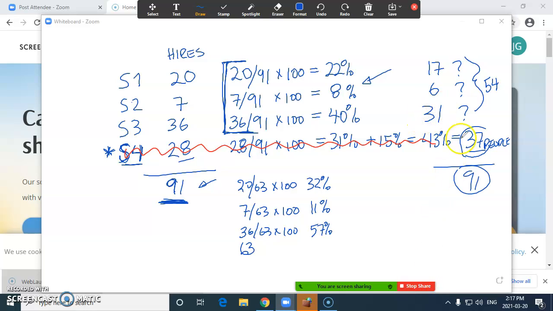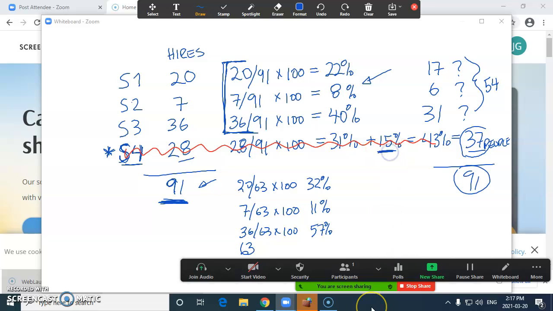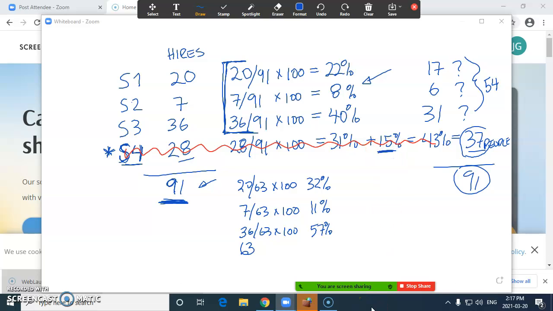If we add this up, you'll see we get to 54. 54 plus 37 is 91. Now we know how the distribution gets reset when we add 15% to our most economical one.